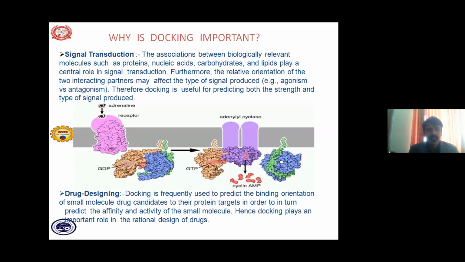Docking is frequently used to predict the binding orientation of small molecules. As an example, you can see here an orientation where we are looking for a small molecule drug candidate for the protein target. This is your protein target. In order to predict the affinity and activity of the small molecules, docking plays an important role in the rational design of drugs.